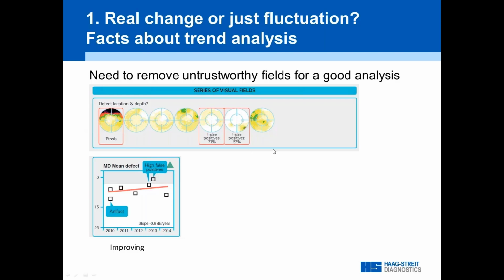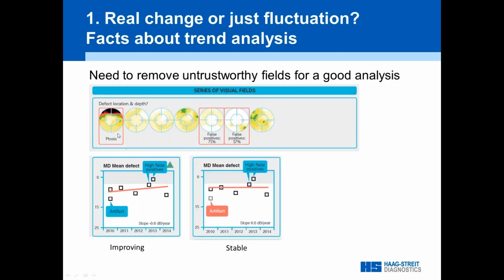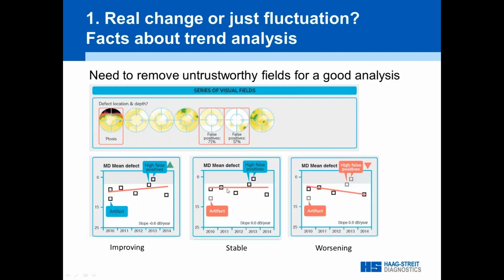And if we keep them in, this series looks like improving, but you see how defects are really jumping around. So if we get rid of the ptosis artifact, this looks stable. And then if we also get rid of the high false positives, then suddenly we see the reality of a truly worsening visual field series.